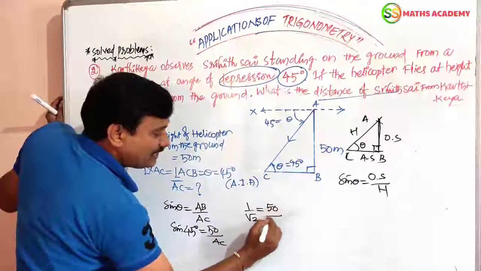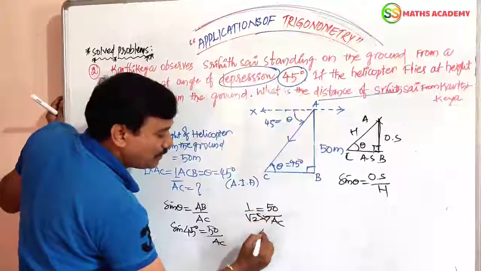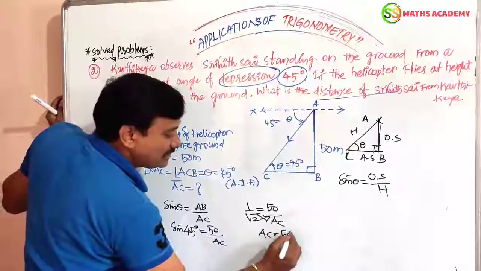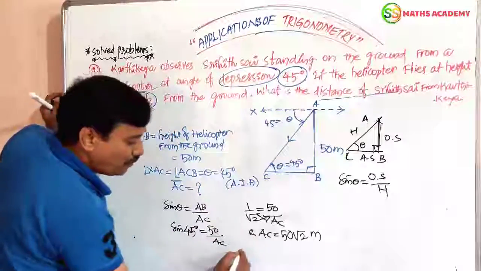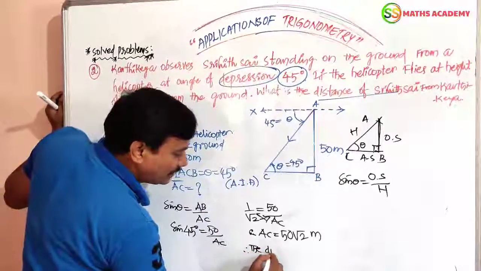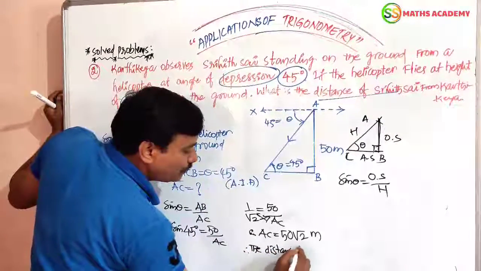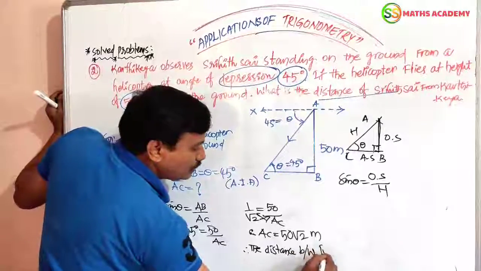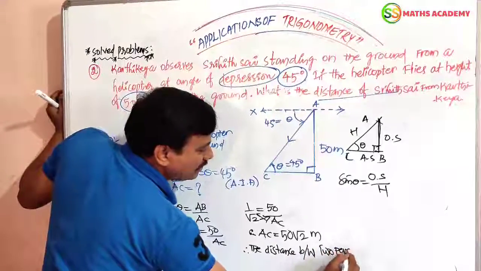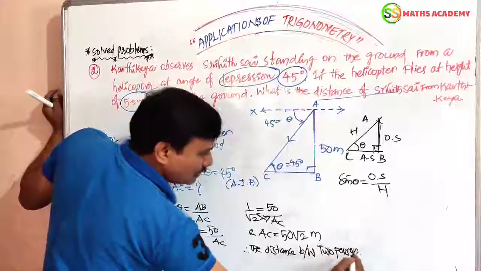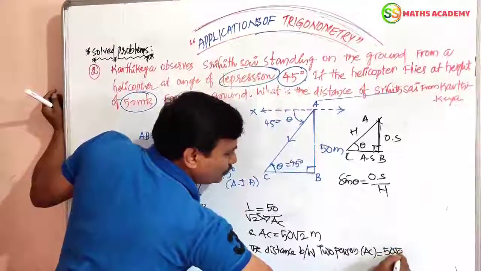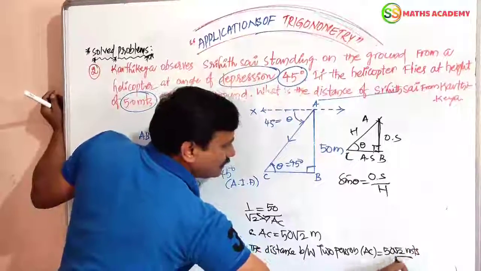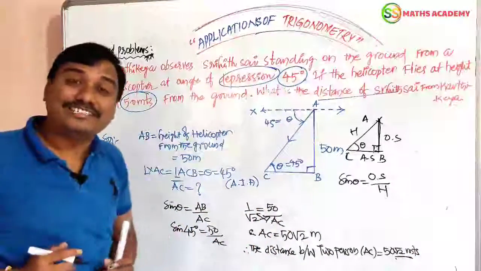Now 50 by AC, do the cross multiplication: AC equals 50 root 2 meters. Therefore the distance between the two persons, Kartikeya and Sri Sai, AC, is 50 root 2 meters. This is your complete answer, my dear friends.